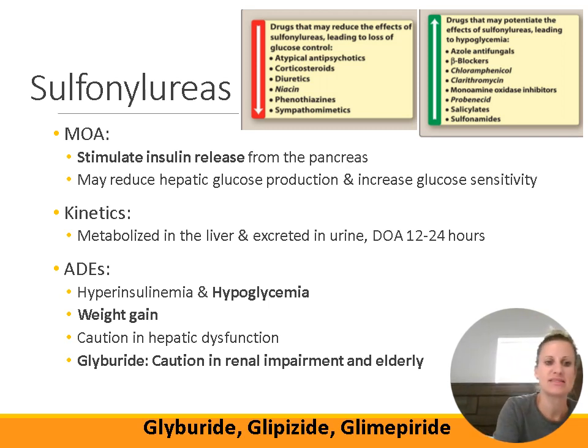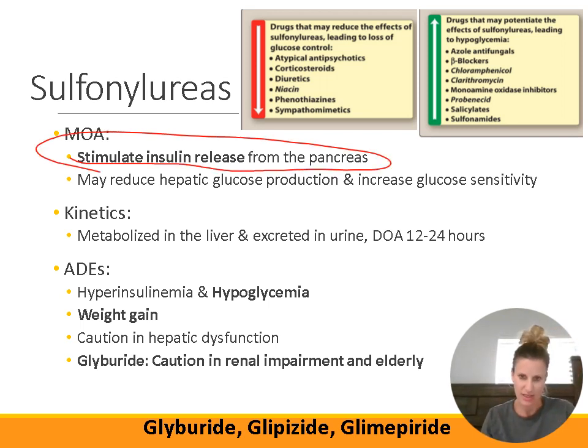Sulfonylureas work by stimulating insulin release from the pancreas. So because they're increasing the amount of insulin that gets released, you can have too much insulin get released, and that can lead to hypoglycemia. They may reduce hepatic glucose production and increase glucose sensitivity, but the main way that they work is by increasing insulin release from the pancreas.